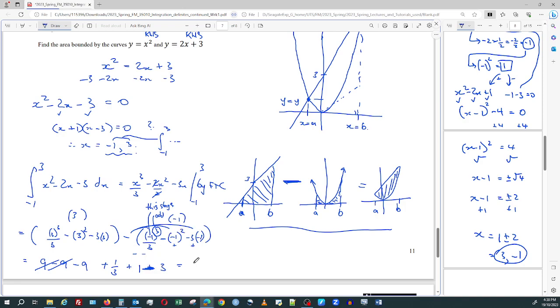So we've got 1/3 plus 1/3 minus 11. I'm counting. So we make that thirds. So we get 1 minus 33 over 3, which is negative 32 on 3 units squared.